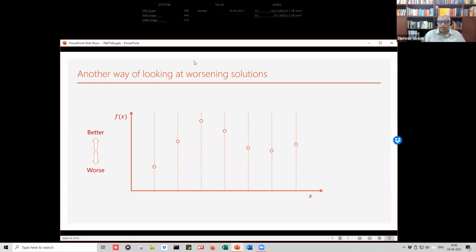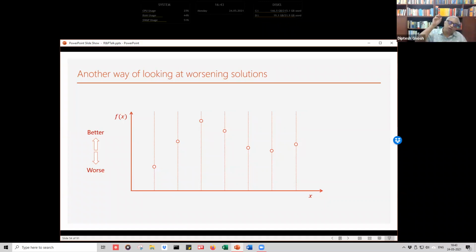Right. So let us suppose that I had a solution which was here, and I had a function f of x, and every time I would talk about a neighbor, I would talk about a solution which was one step to the right or one step to the left. Okay. So I'm talking about a function f of x which is defined on the set of integers.